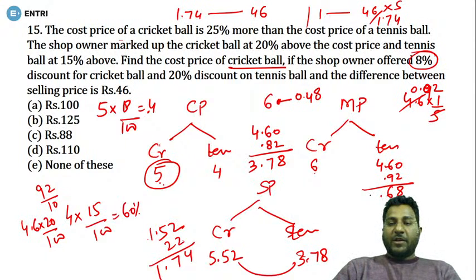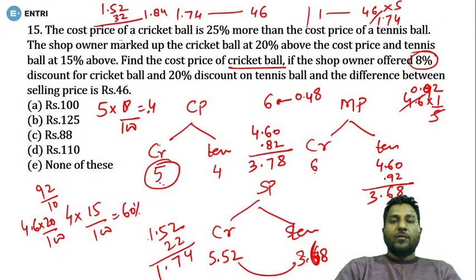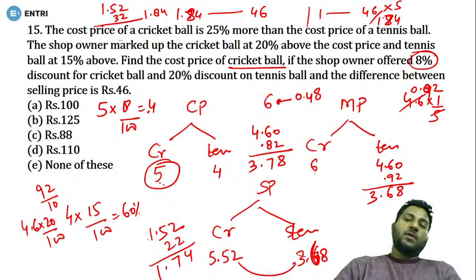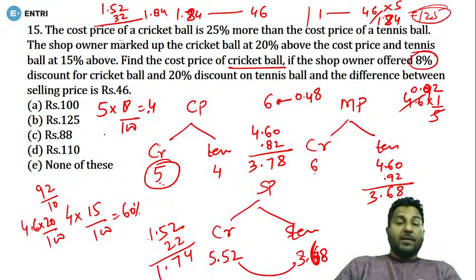So it would be 1.84. Yes, absolutely. 1.84 multiplied by 5, you'll be getting 125.